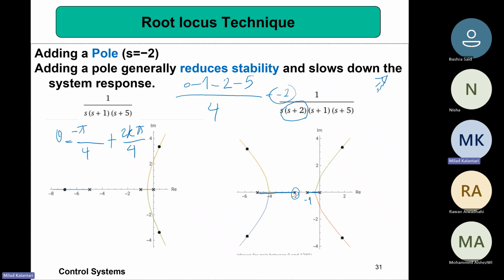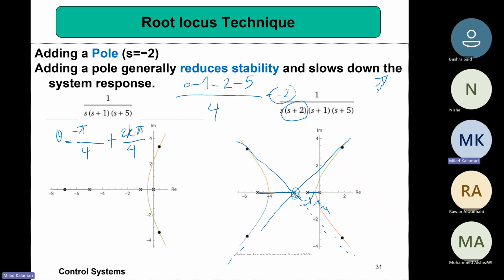So I'm just deriving based on that. If the k is 0, basically it is negative pi over 4. Negative pi over 4 is like this. The next one would be like this. The third one should be like this. The last one should be like this, right?